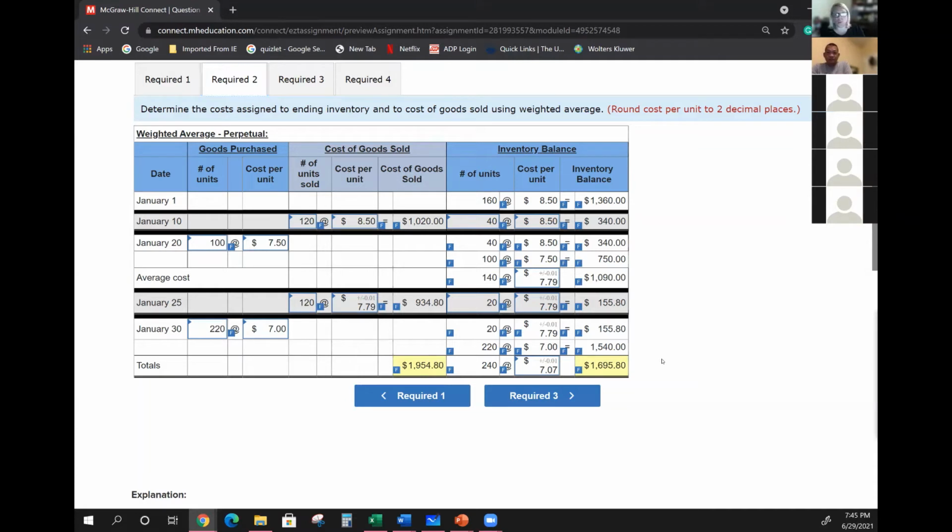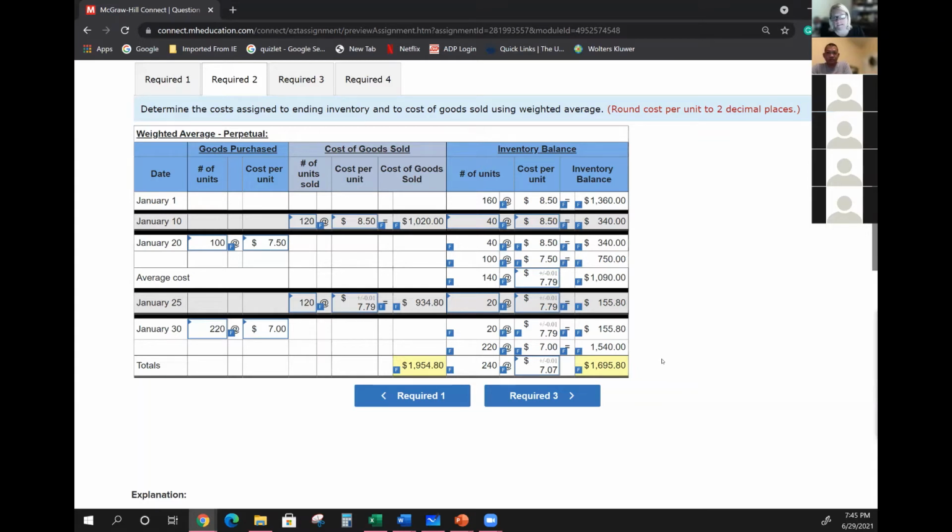So I know I had 20 left over at that average price. So you just use that last piece of information. You take the 20 with the 779, and then you add in your purchase. So that's why you're adding the 20 plus the 220.